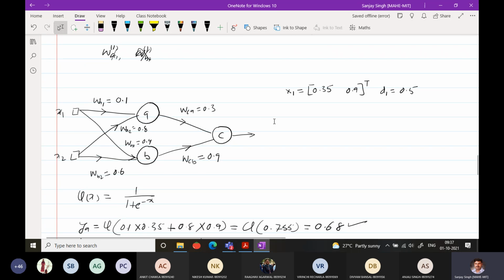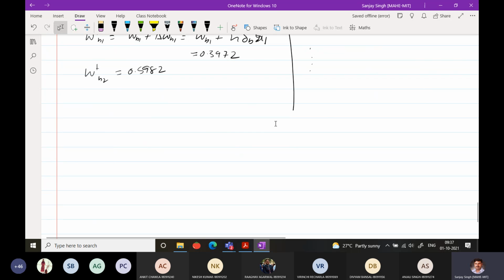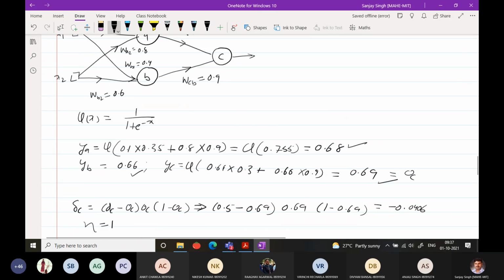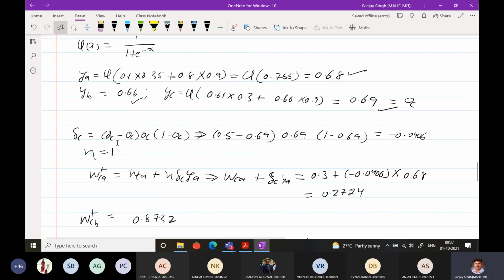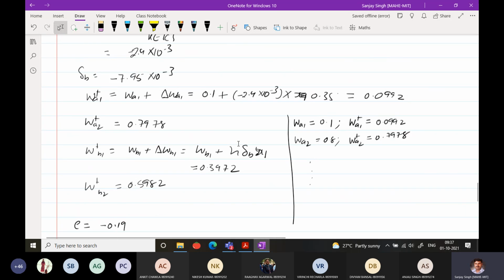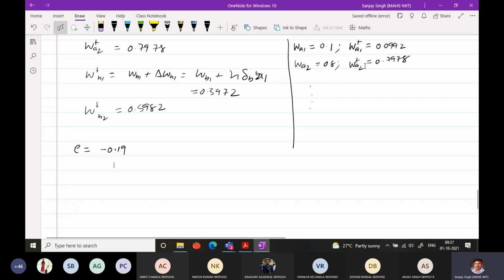When I apply the same input, let me see. When I found the error initially, that error was minus 0.19. How do I know this? Delta C, this value was the error, right? So this value was minus 0.19. And again, with the updated synaptic weights, you apply the same input and compare with the desired value, and the value comes out to be, let's say E prime, minus 0.1821.